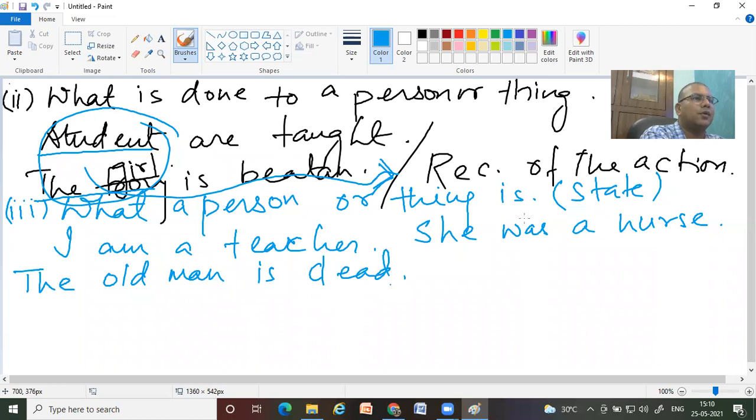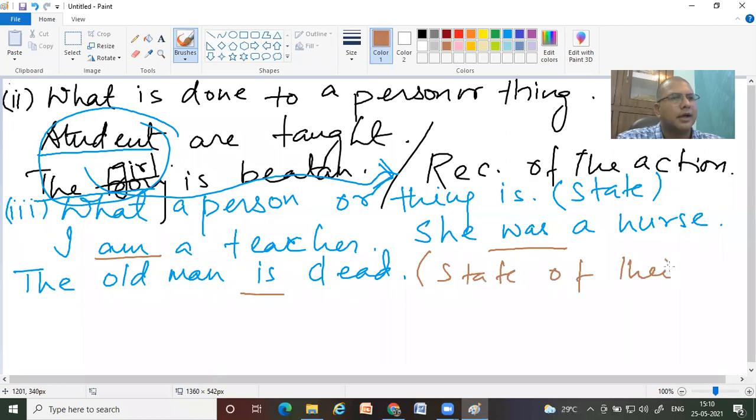Now we are talking about all these things, and all these, like am, is, and was, are telling us about the state of their subject.